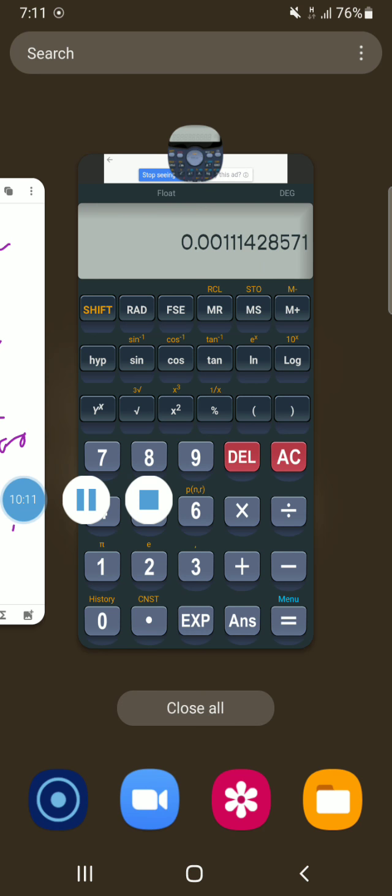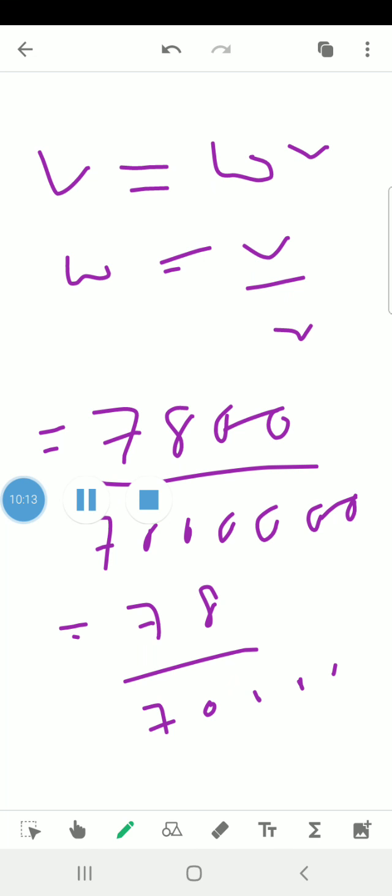So your final answer is 1.1 into 10 to the power minus 3. What are the units? Here it is rads per second, because we are dealing with angular velocity. Hope you understood that.